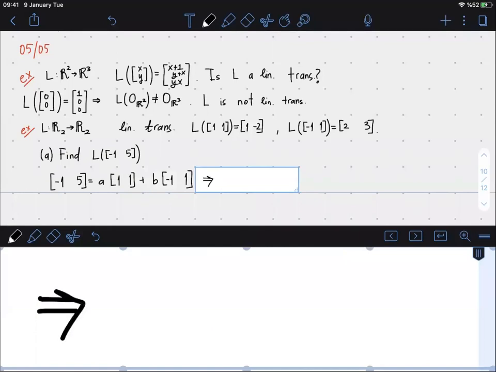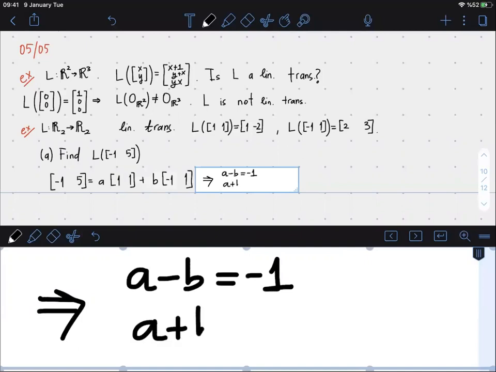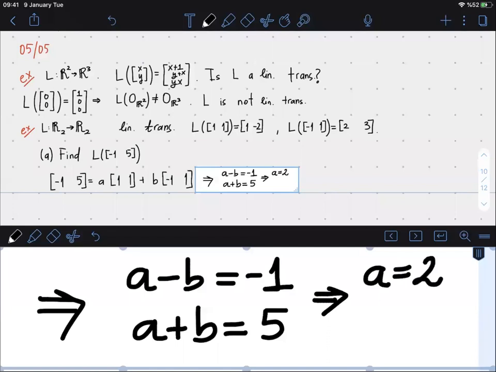The first component is A minus B, which must be minus 1. The second component is A plus B, which must be 5. If I add these two equations, I get 2A equals 4. So A must be 2 and B must be 3.